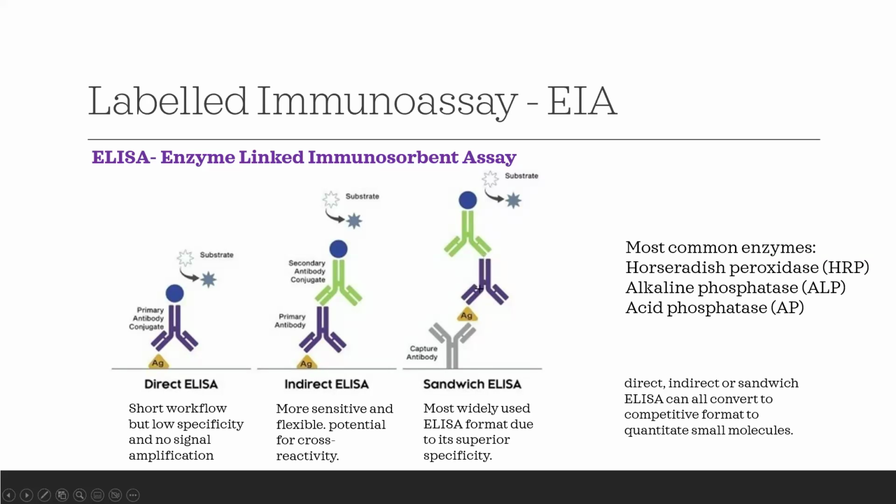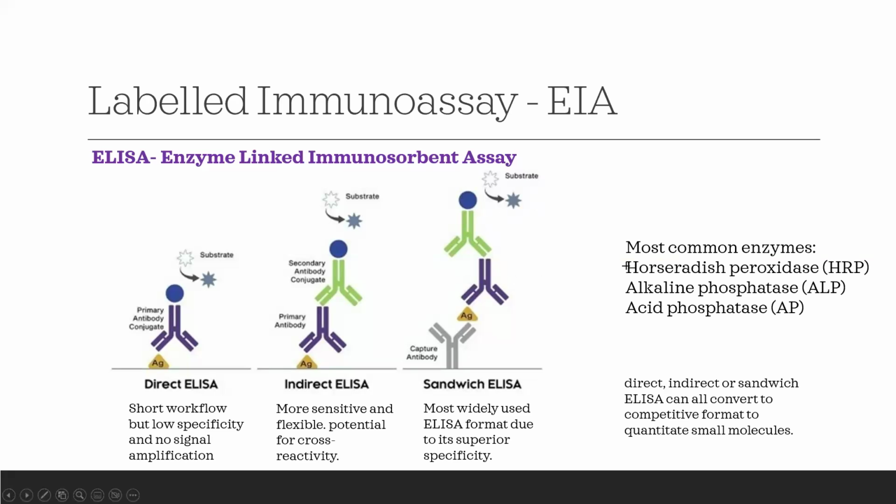Then the primary antibody binds a different epitope of the same antigen, and then a secondary antibody conjugated to an enzyme binds to the primary antibody, and then we introduce the substrate to do the detection. So sandwich assay is the most widely used ELISA format due to its high specificity and sensitivity.